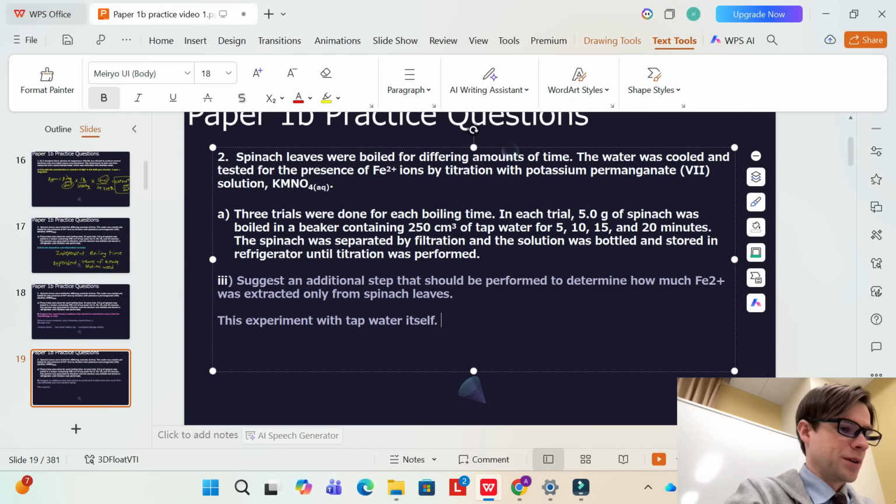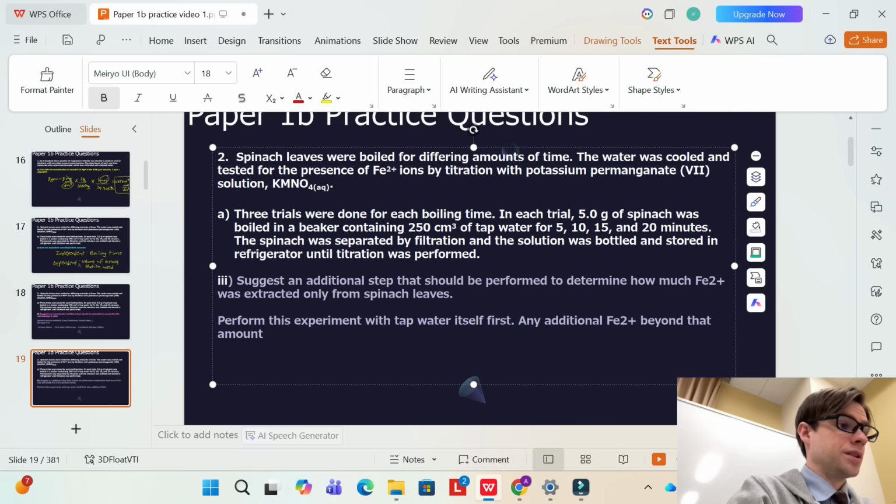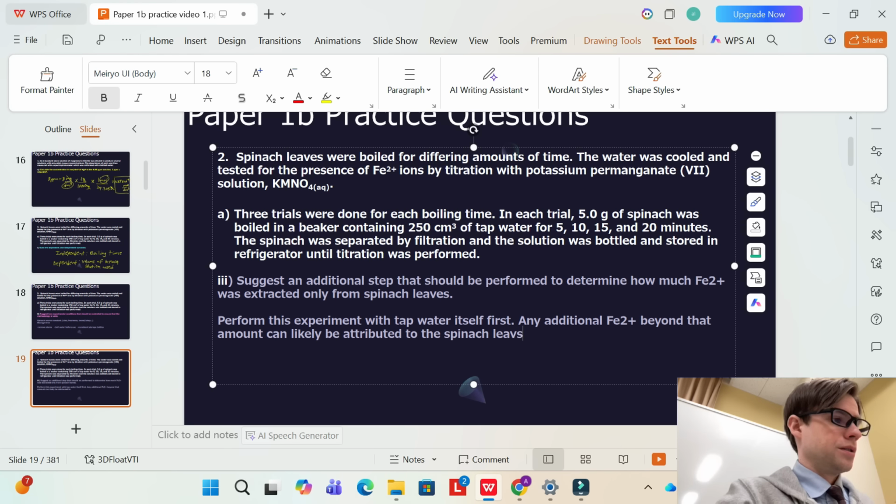So, perform this experiment with tap water itself first. Any additional Fe2 plus beyond that amount can likely be attributed to the spinach leaves themselves.